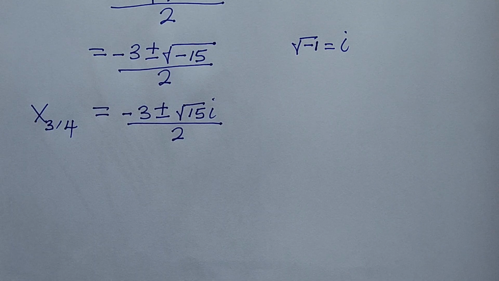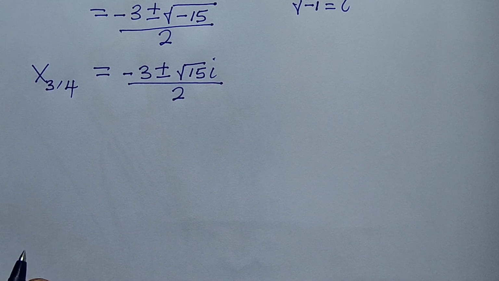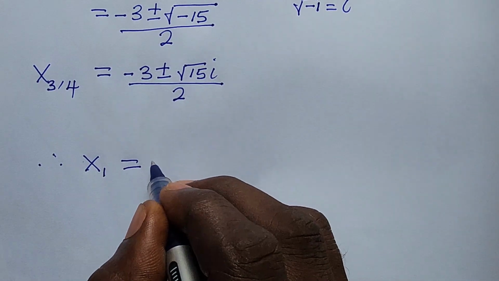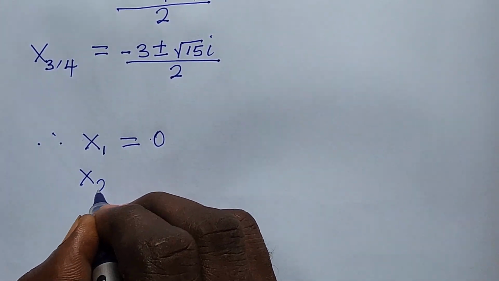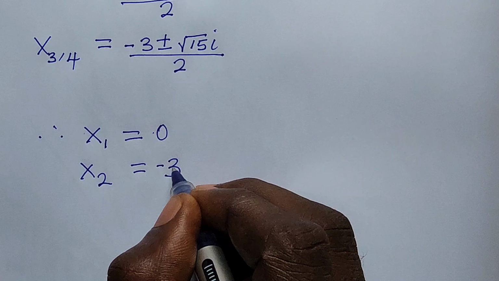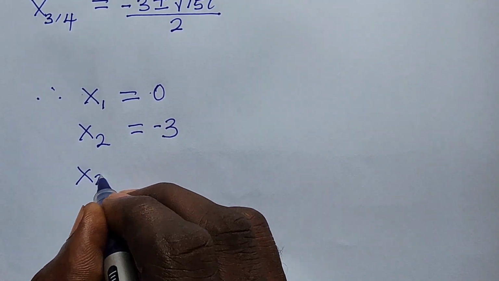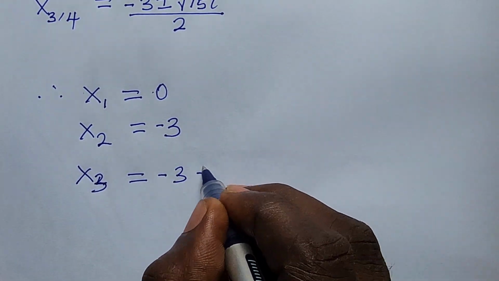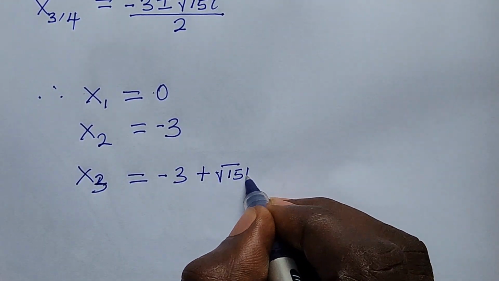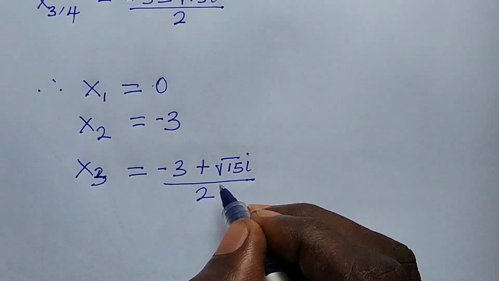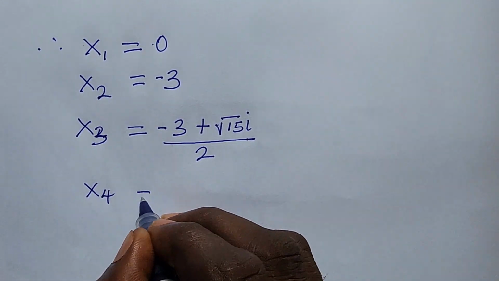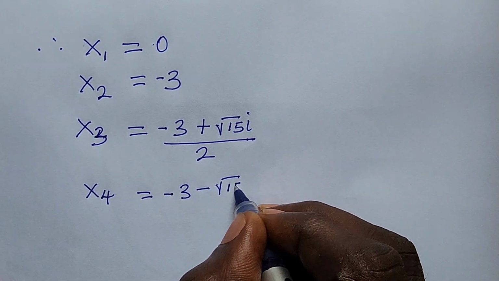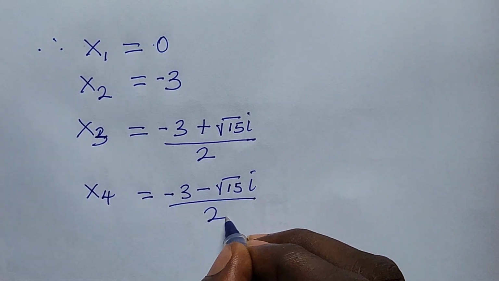So in all, from the first one, we have our x1. So can I say, therefore, x1 is equal to 0. Then x2 is equal to minus 3. Then x3 is equal to minus 3 plus the square root of 15 iota all over 2. And x4 is equal to minus 3 minus the square root of 15 iota all over 2.